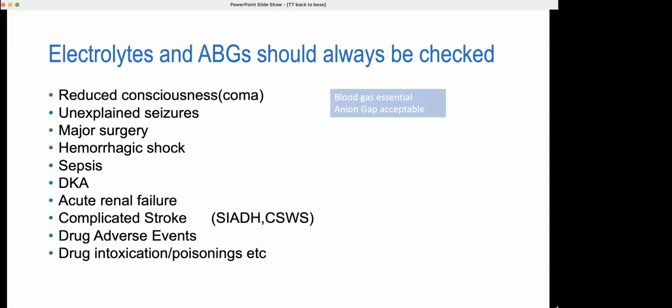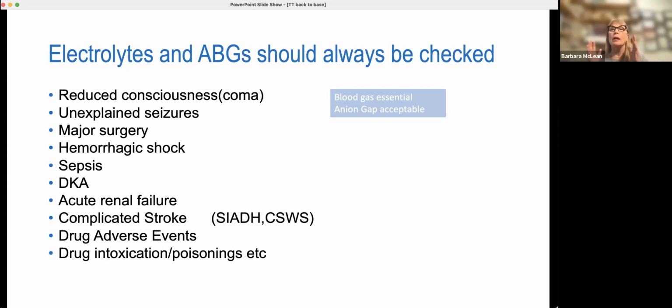So you might have a patient who is actually acidotic, and you won't be able to fully diagnose it from an anion gap, because the anion gap may be normal, even though if you were to correct it, it would be wide and abnormal.